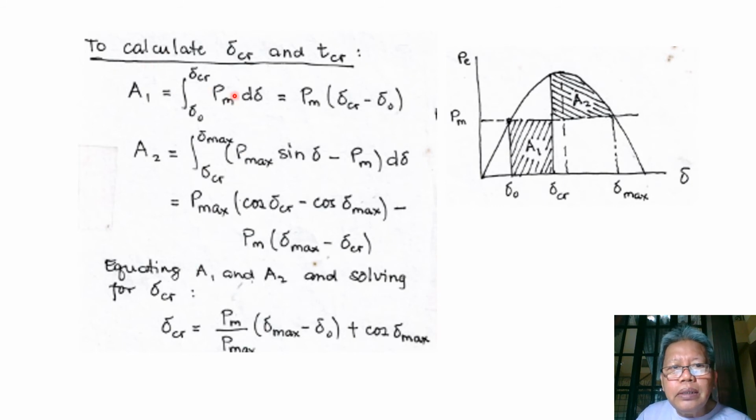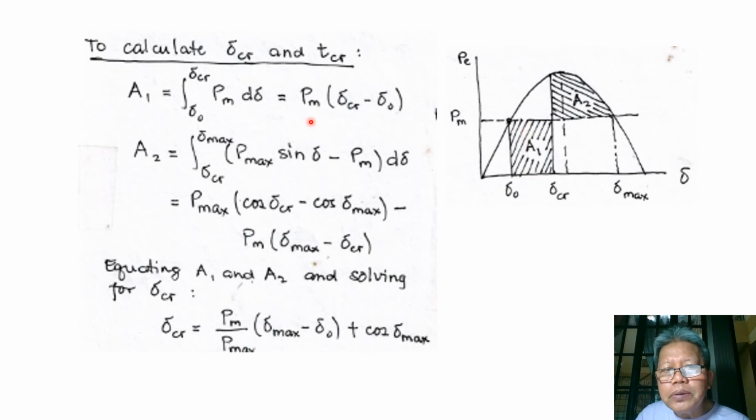Now to calculate delta CR and TCR, we have to find the two areas A1 and A2. Now for A1, it is the integral from delta O to delta CR of our function, in this case constant, PM, times the differential element d delta.